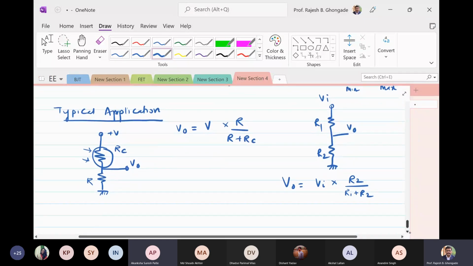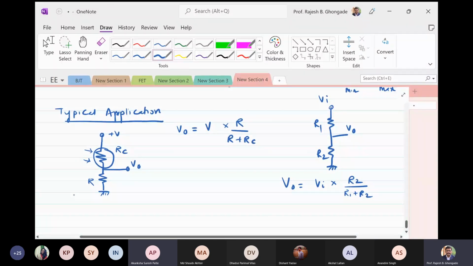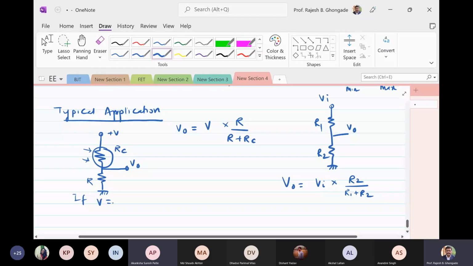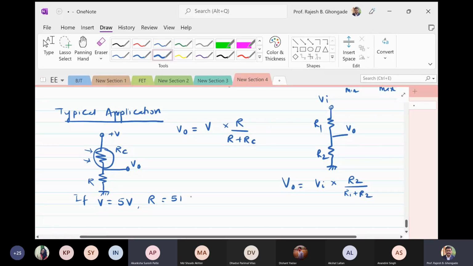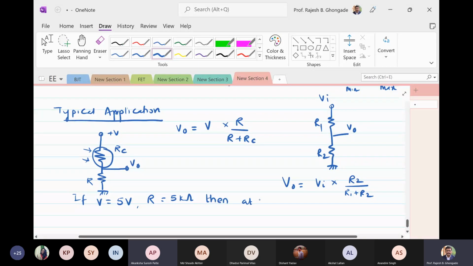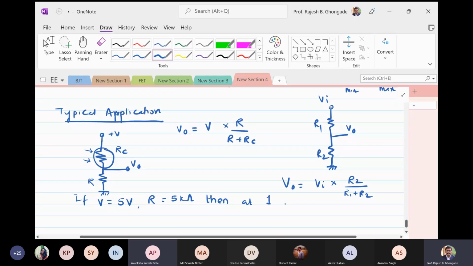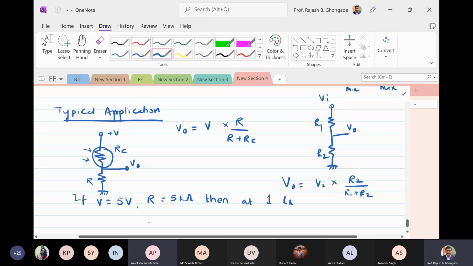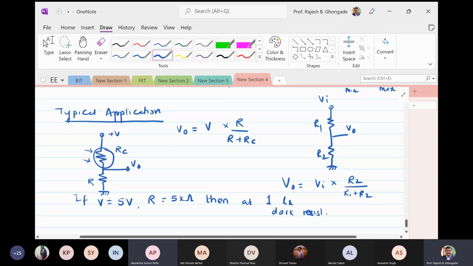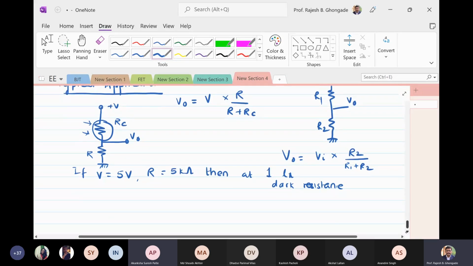Now to use it, if V is 5 volts and R is 5 kilo ohms, then at 1 lux, that is the dark resistance, what will be the output voltage?